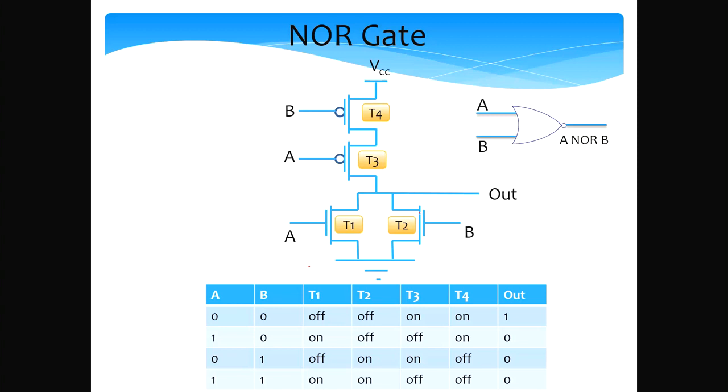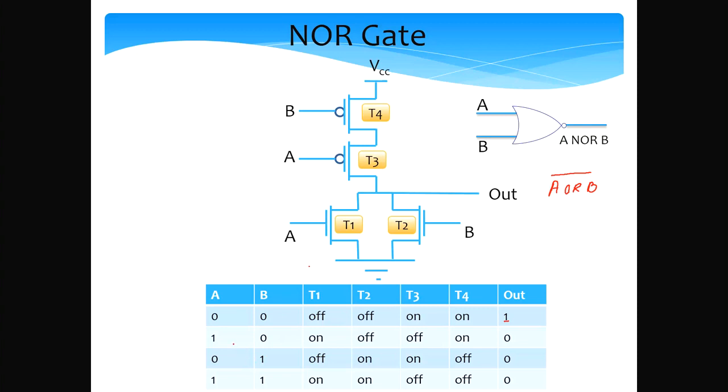Let's first take a look at the NOR function. We know an OR function, which is A or B. A NOR function is essentially the logical complement of A or B. So let's consider the combinations of values. For 0 and 0, 0 or 0 is 0. So the NOR of 0 and 0 is the NOT of 0, which is the logical 1.